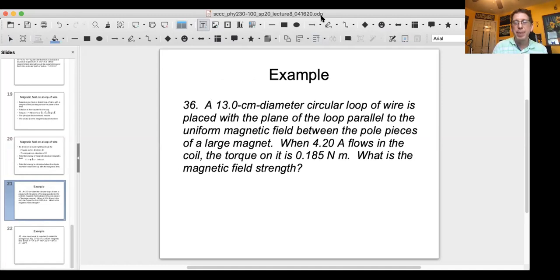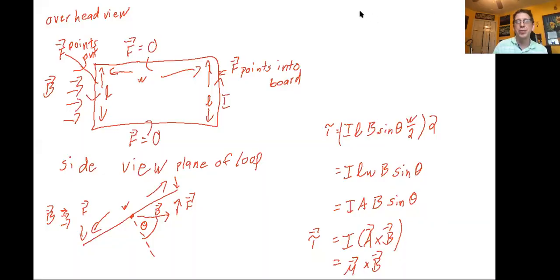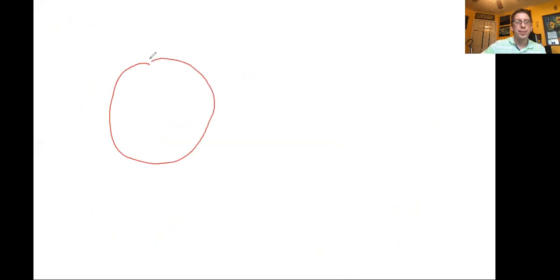So the plane is parallel to the loop, which is where the torque is going to be maximum, because theta is going to be 90 degrees. So we have a circular loop, and so the magnetic field is going straight across the plane.